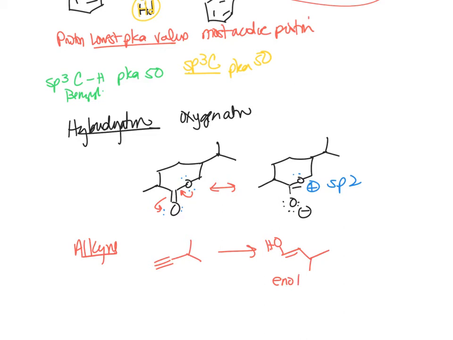Okay, and you know the enols then go through tautomerization. So this would not be what you would actually find. You would find that this double bond picks up this hydrogen, and those electrons go there, and then you have an aldehyde.